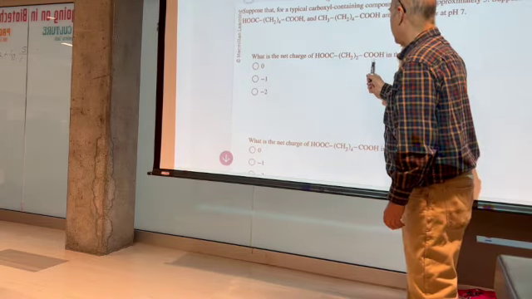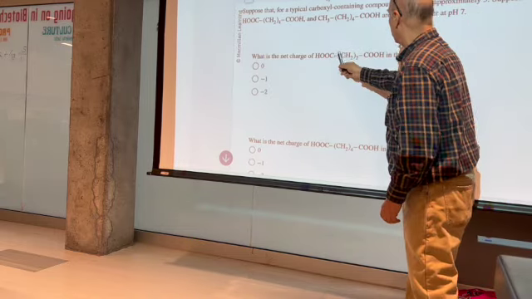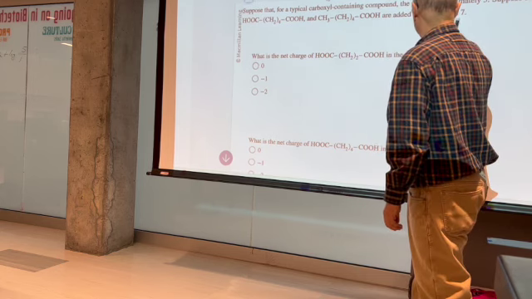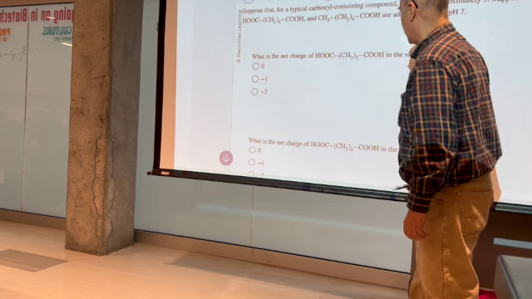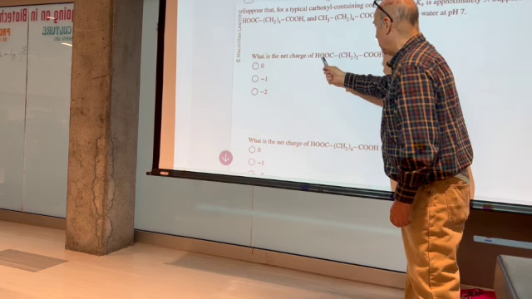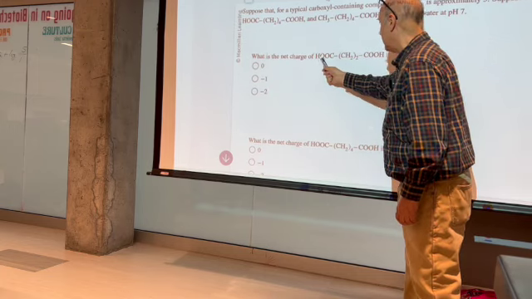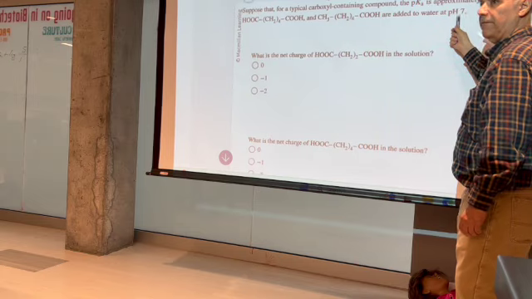So if you know that the pKa of these carboxyl groups is about 3, and you are now at pH 7, which is more basic than when these guys lose the hydrogen, the assumption would be that both of these carboxyls are going to have lost their hydrogen by the time you get to pH 7.